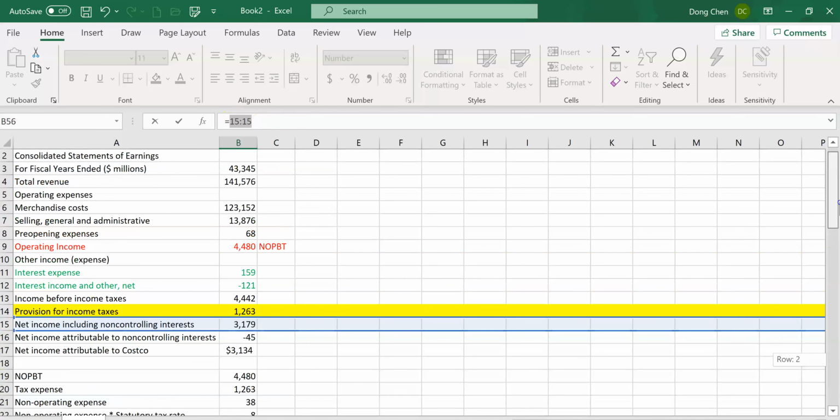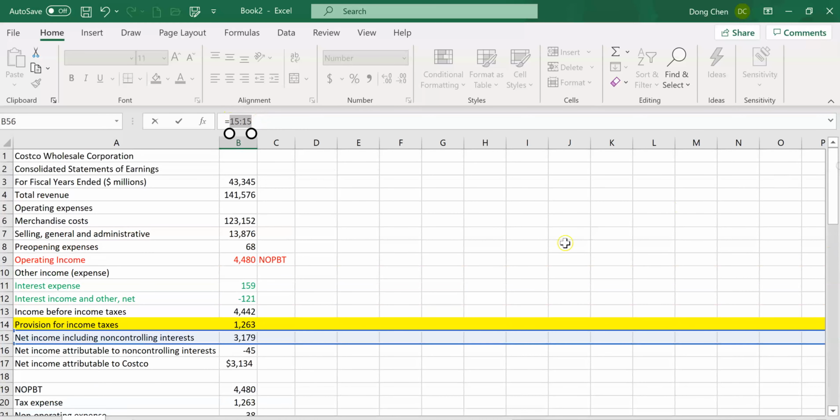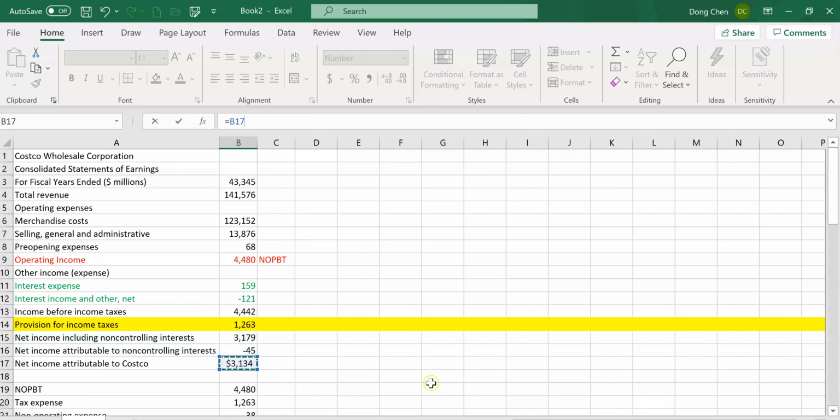Net income is from the income statement, but here we have two net income numbers. One is net income including the non-controlling interest. Another one is net income attributable to Costco. So which one should we use? In general, we calculate the ROE in terms of the parent company. So in that sense, we should use the last one here.